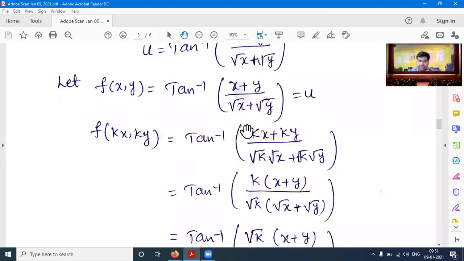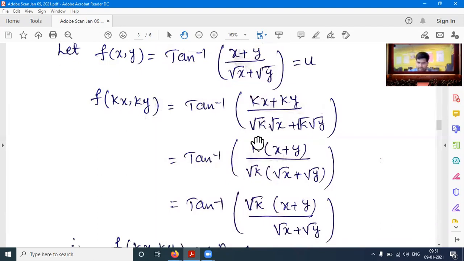f of kx comma ky is equal to tan inverse of, in place of x we have to write kx, so kx plus ky, divided by root k into root x plus root k into root y.